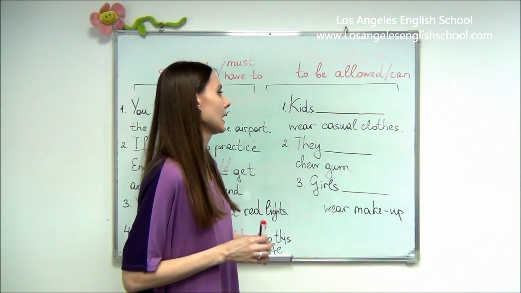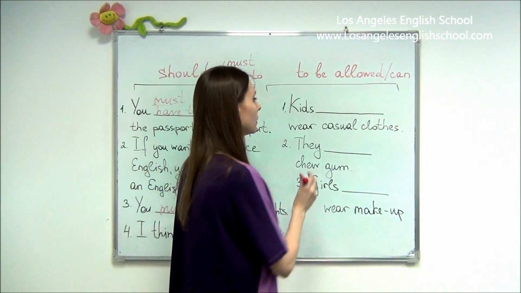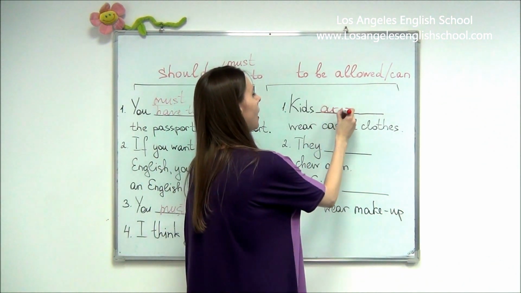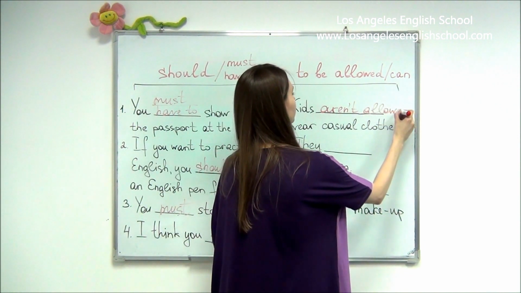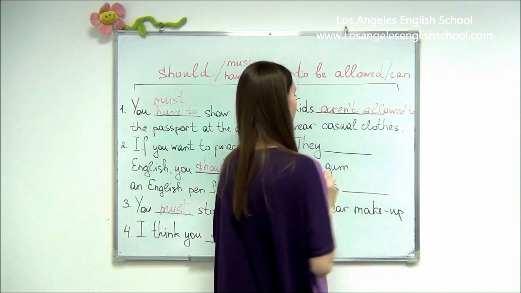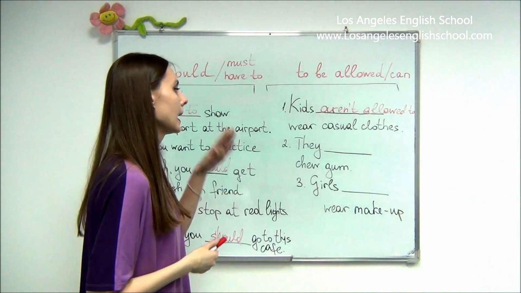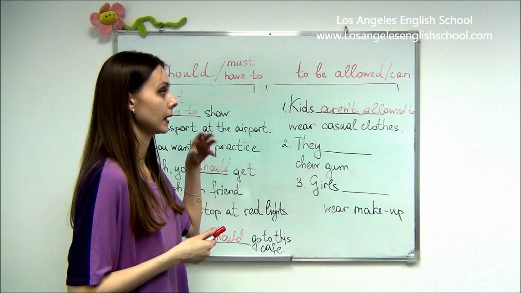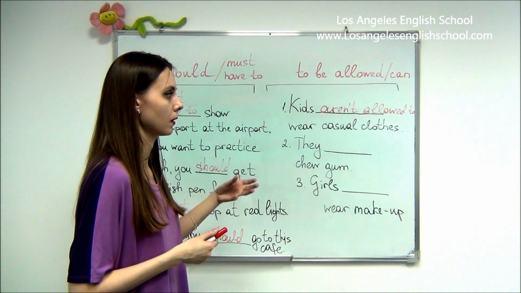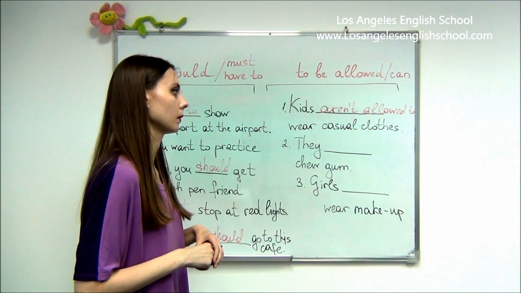You need to use: kids aren't allowed to wear casual clothes. I would like you to repeat after me to remember it. Kids aren't allowed to wear casual clothes. Because kids can't wear casual clothes, or kids aren't allowed to wear casual clothes.